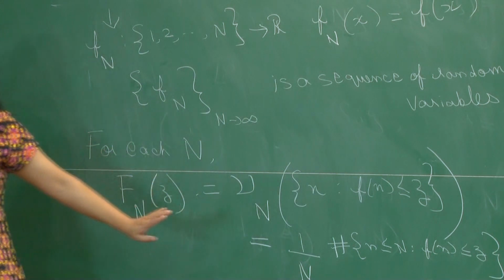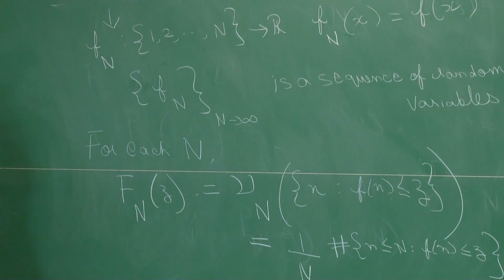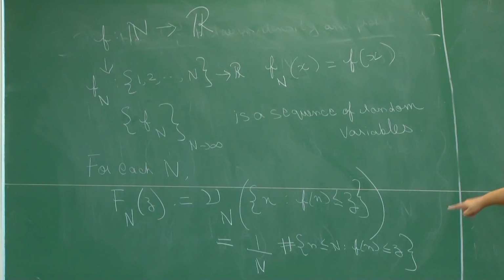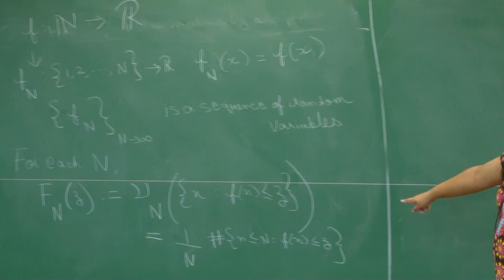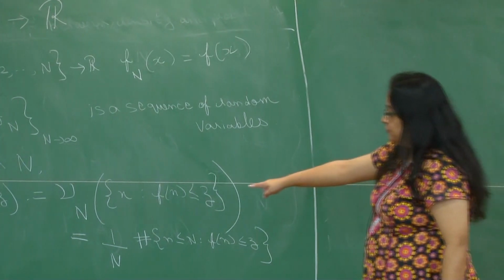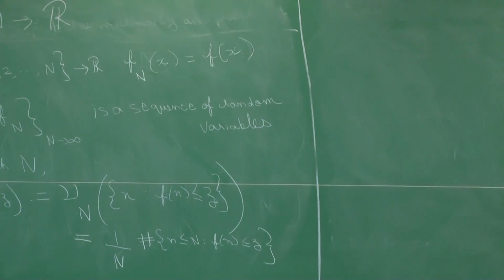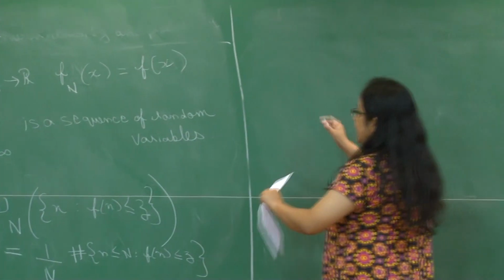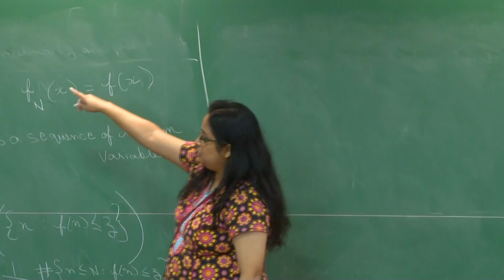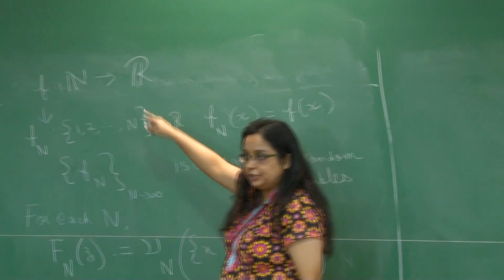No rocket science happening here, we are just formulating the language. So, this is basically your distribution function corresponding to the random variable f sub N.